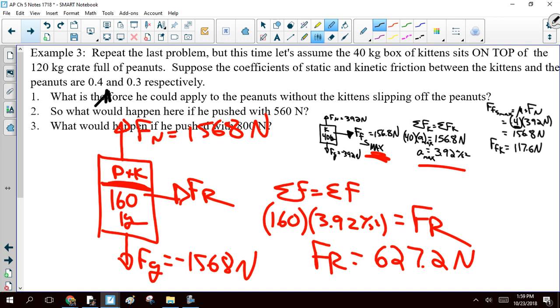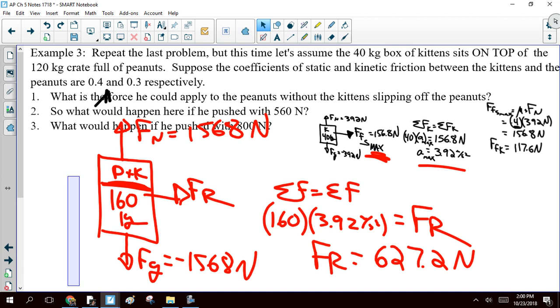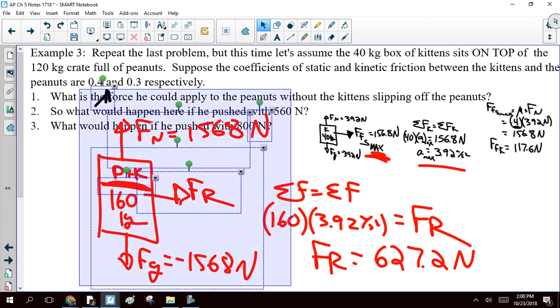The question then is, let's check it. What does this look like just from the vantage point of the kittens? So let's see if we can do this. Oh, darn it.